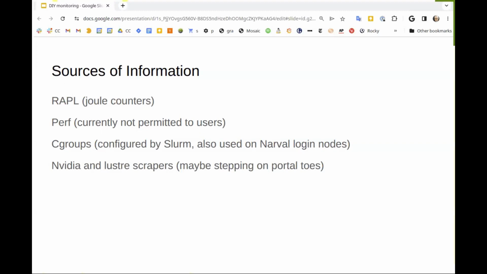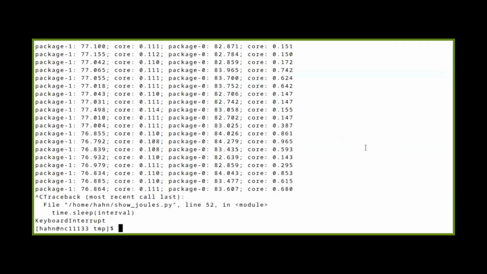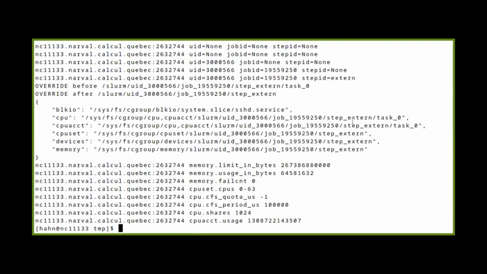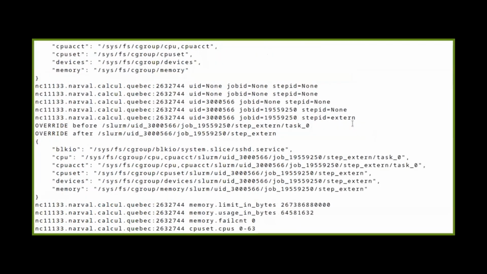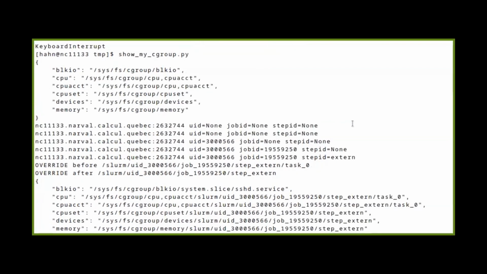But I'm just going to go back to a shell on Narval. So this is the same shell. I have a script called show my C group, just because the C groups, like the joule counters, are actually sort of hidden in confusing places on the system.